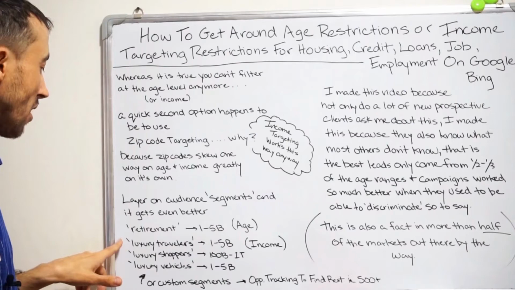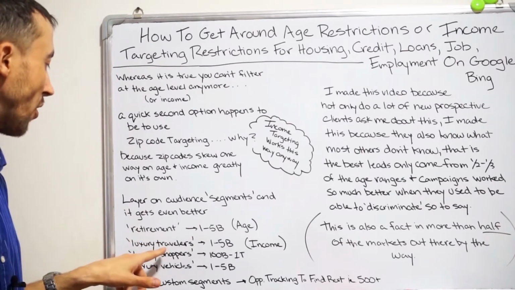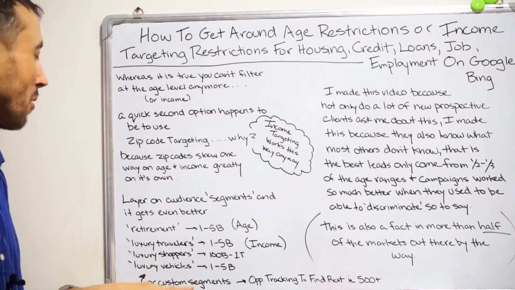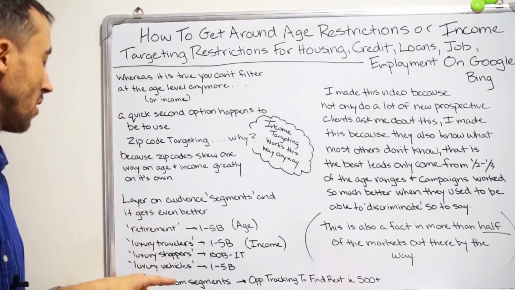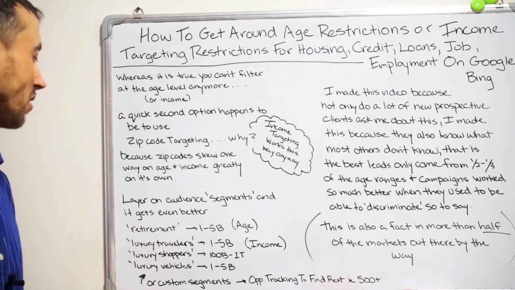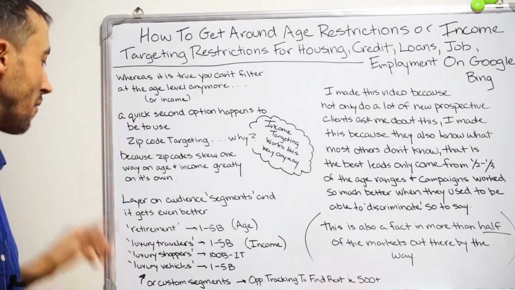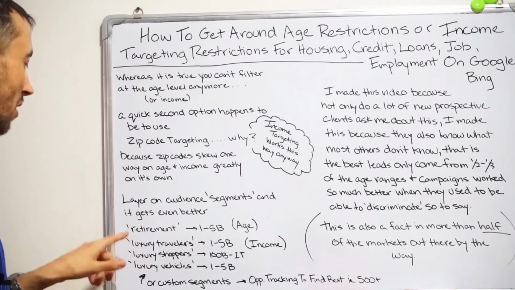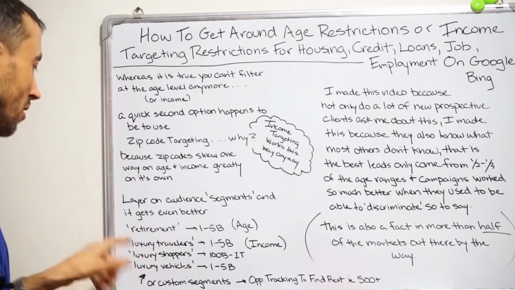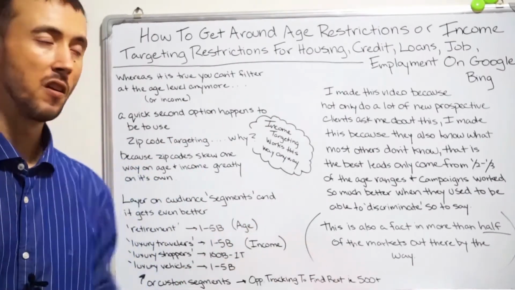Then I would also add a custom audience which has luxury travelers and luxury shoppers together. Then one more custom segment that's luxury shoppers and luxury vehicles. And then one more that's luxury travelers and luxury vehicles. And then one more custom segment that is luxury travelers, luxury shoppers, and luxury vehicles all together, 3 in 1.